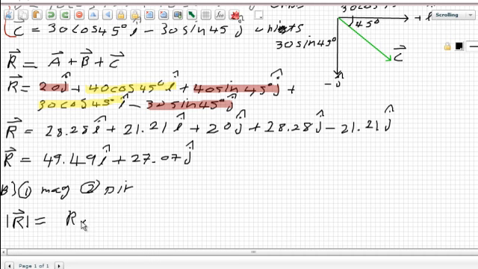Now what is the formula for the magnitude of a vector? It's given by rx plus ry, you have to square each one of them, and then you put a radical sign over it. So what is rx and ry?